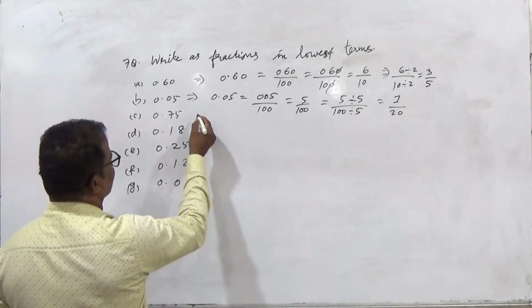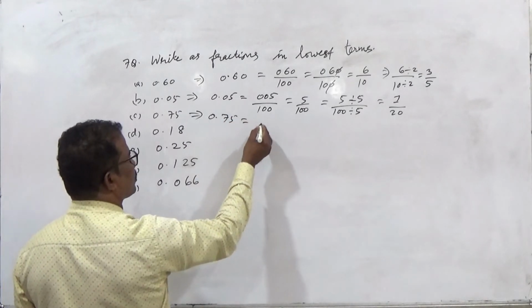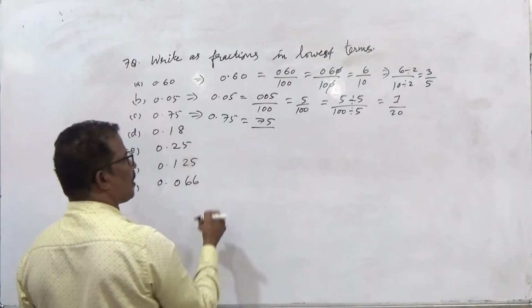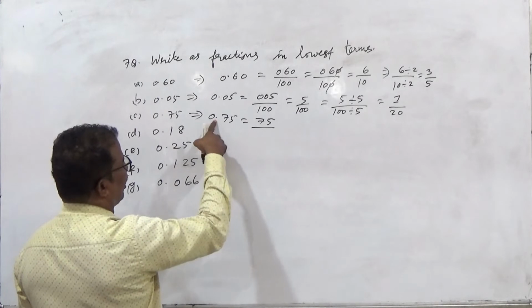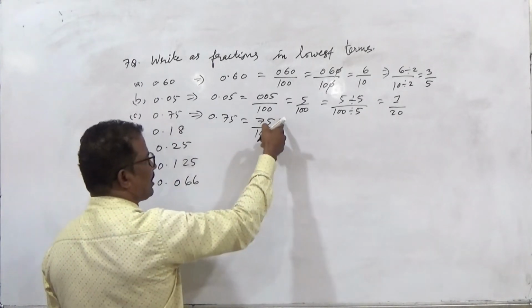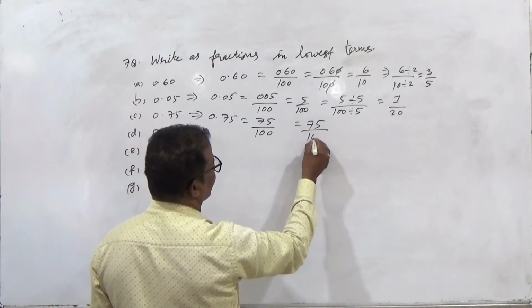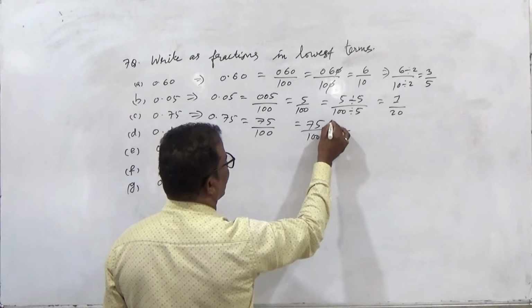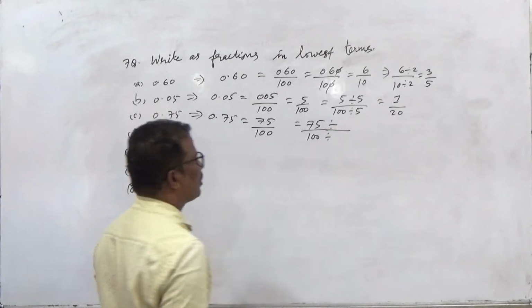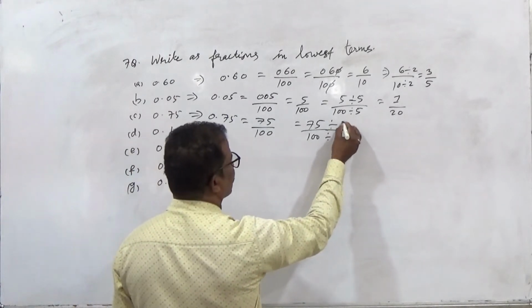Next, in the next question, it is 0.75. For this also we can write the fractional form as, after the decimal 2 places there means it is 100 only, 75/100. So for this fractional form we have to convert into lowest form. Among these two, which is the common factor? 25.